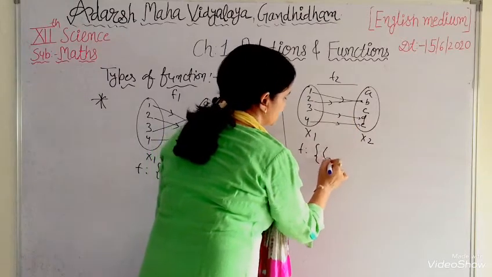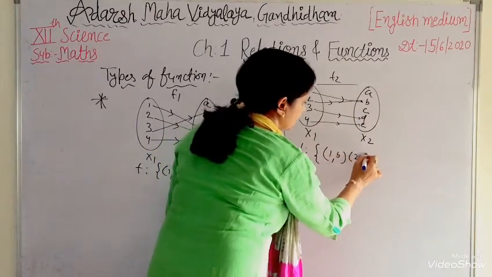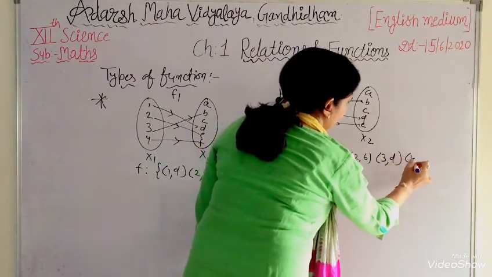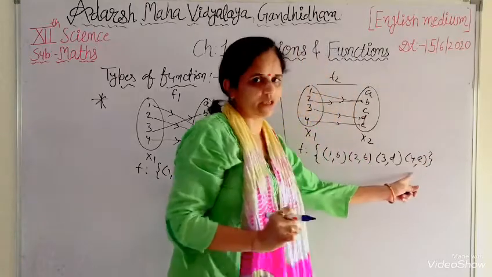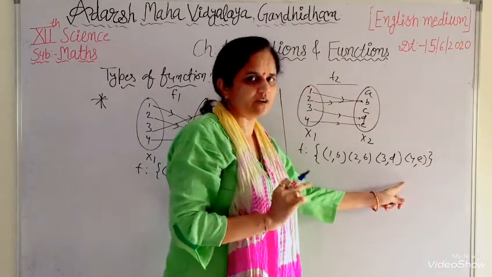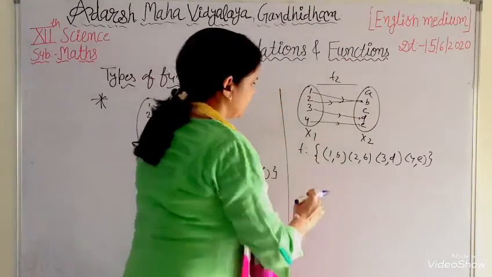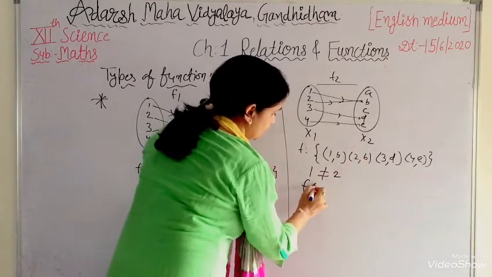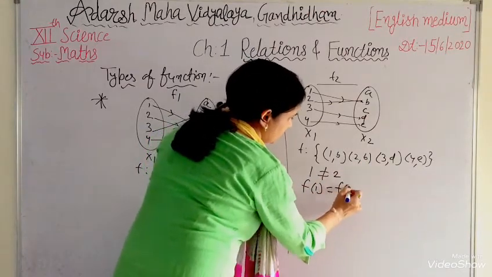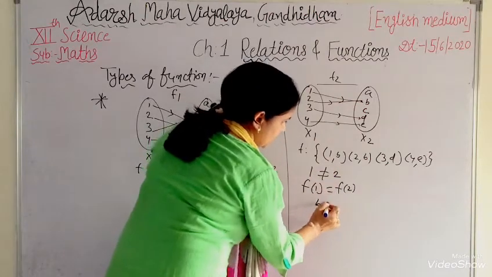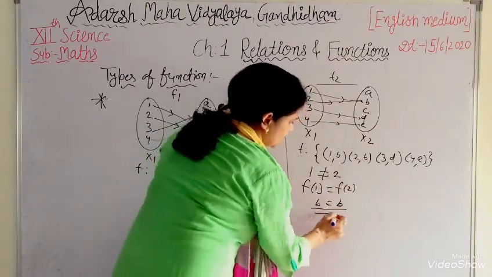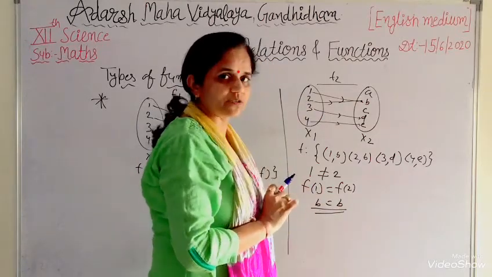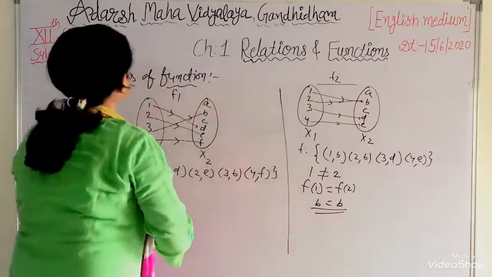Function is a special kind of relation, student. And we see that here 1 is not equal to 2, but image of 1 and image of 2, image of 1 is B and image of 2 is also B. Images are equal, images are same. So this type of function is known as, student, many-one. Okay.